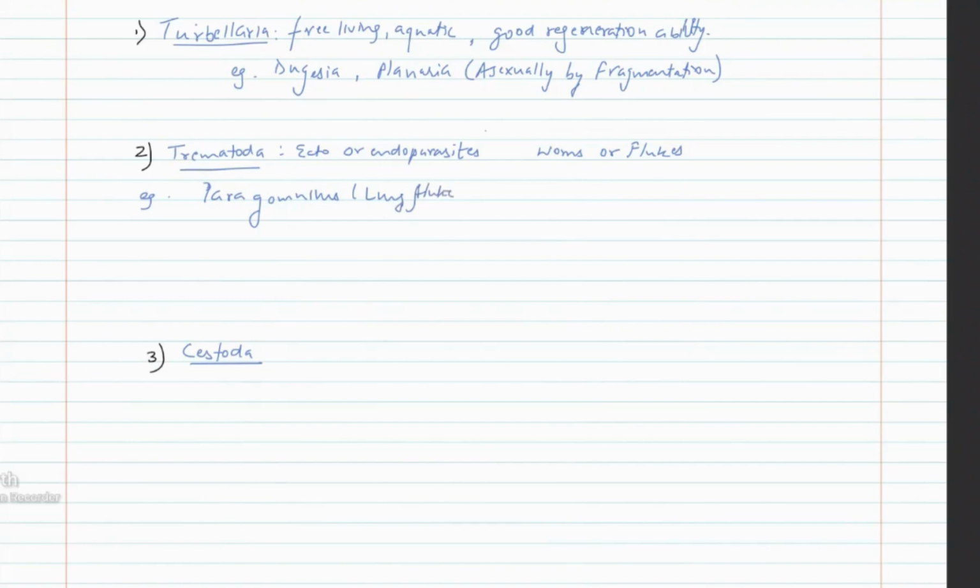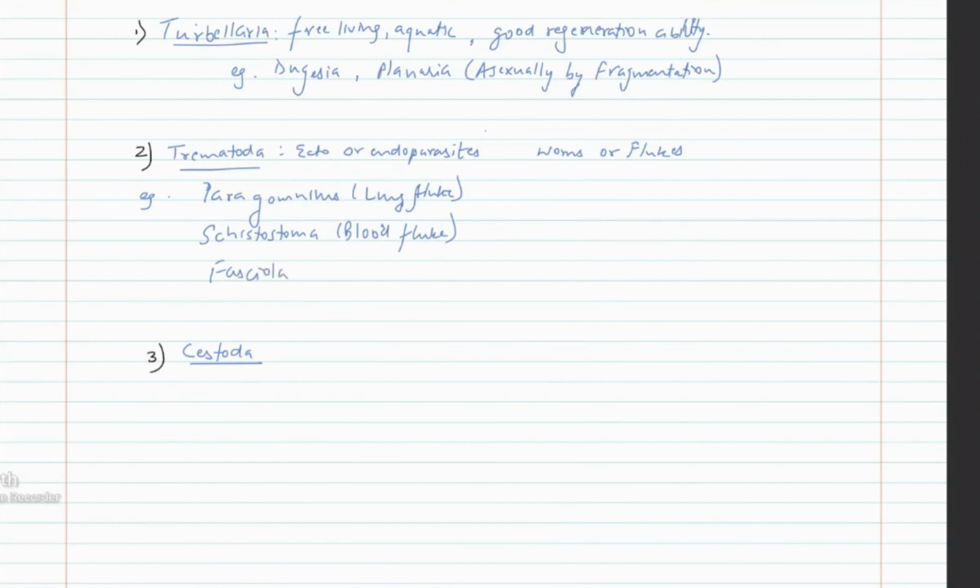We have Schistosoma, also known as blood fluke. We have Fasciola, also known as liver fluke.